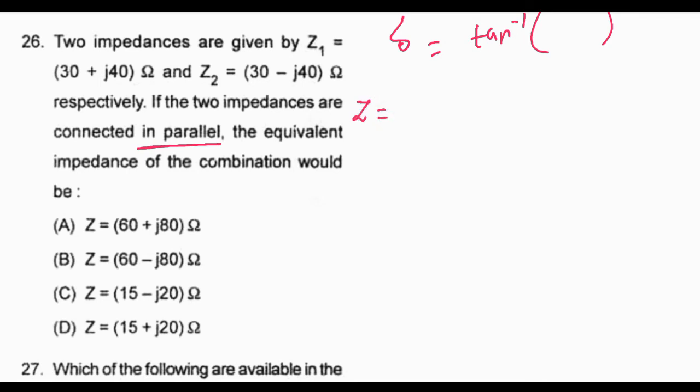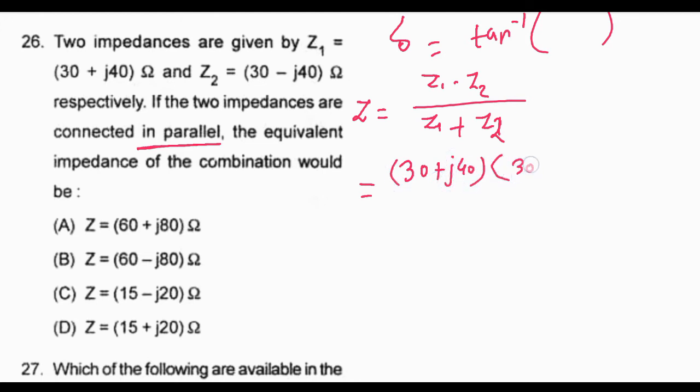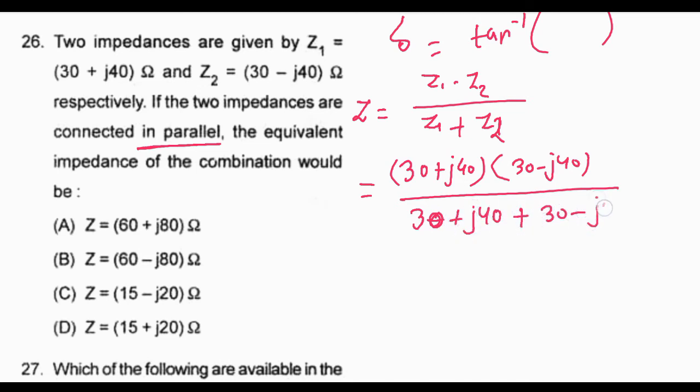Suppose Z is equal to Z1 into Z2 by Z1 plus Z2. So this will be (30 plus j40) into (30 minus j40) by the addition, (30 plus j40) plus (30 minus j40), and here the j terms will be cancelled out.